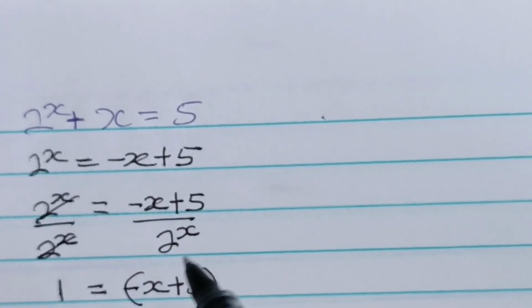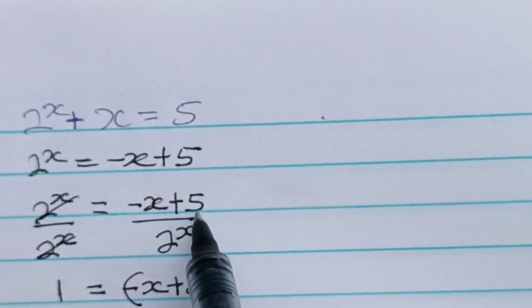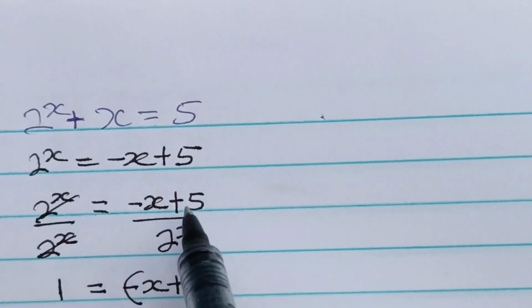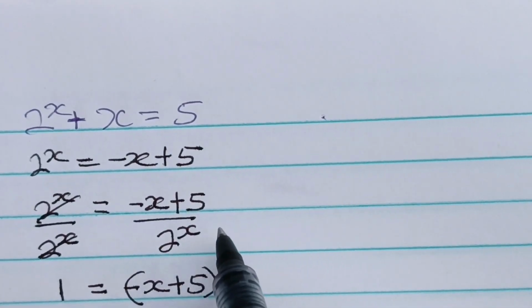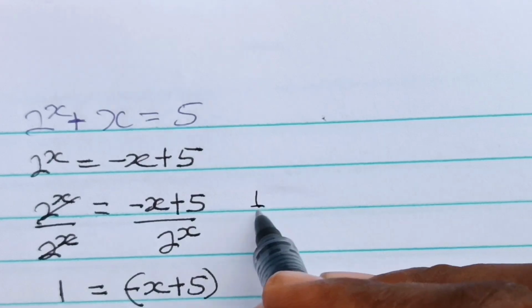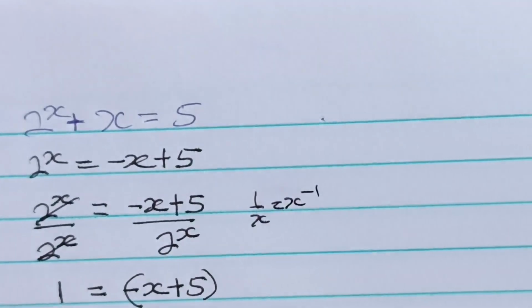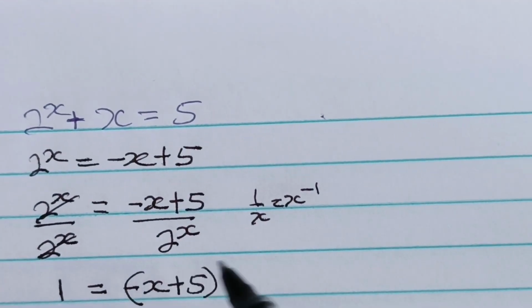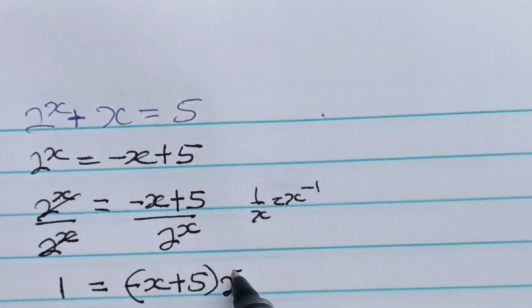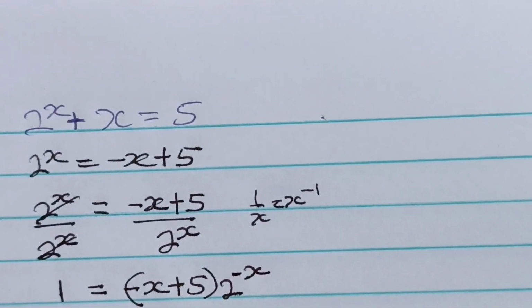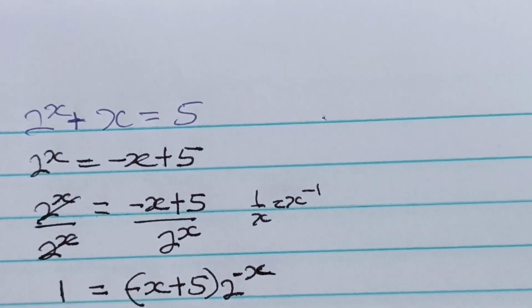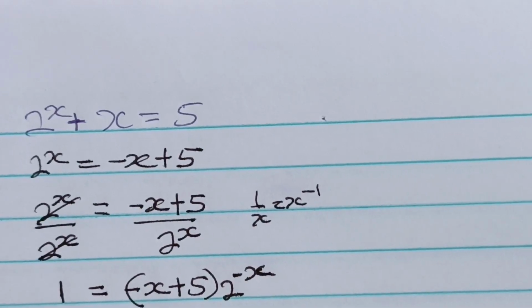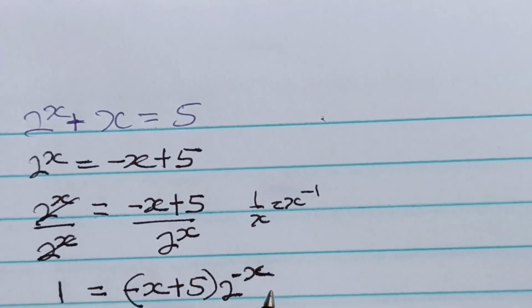All right, now this side is the same thing as minus x plus 5 multiplied by 1 over 2 to the power of x, right? And 1 over x is equal to x to the power of minus 1. So we can bring this up and say that this is 2 multiplied by 2 to the power of minus x. All right, now permit me to bring this to this side and this one to this side.